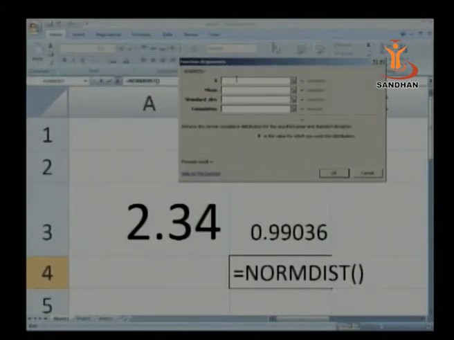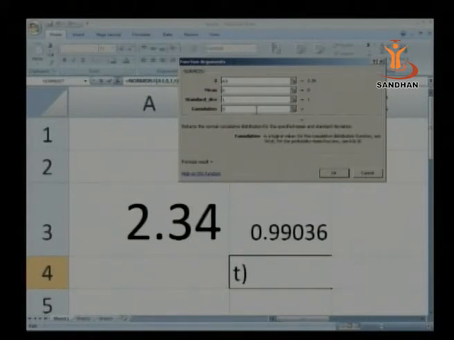Here, for X, the value 2.34 is situated in column A and third row, so I'll type here A3. Clear? And mean again is 0, standard deviation again is 1, and cumulative type TRUE.